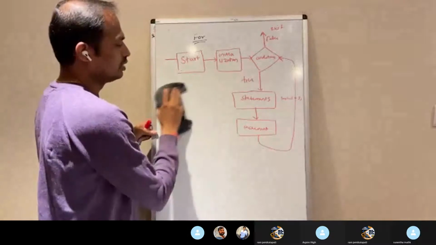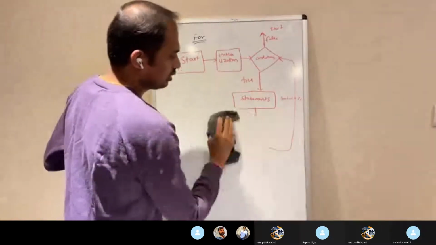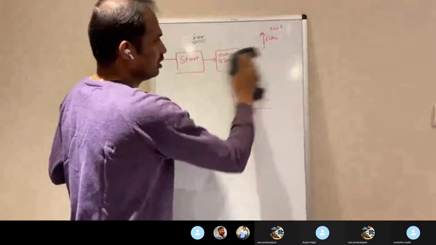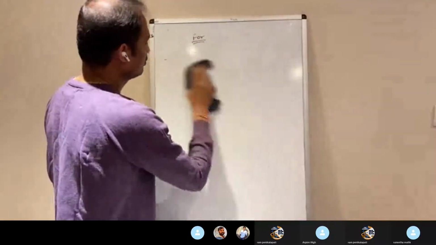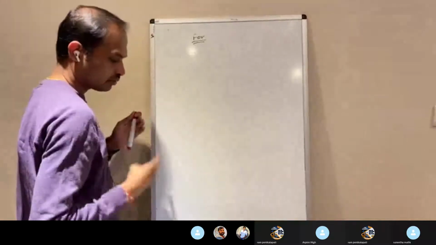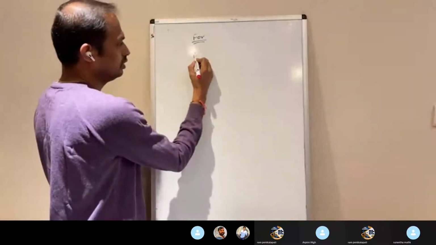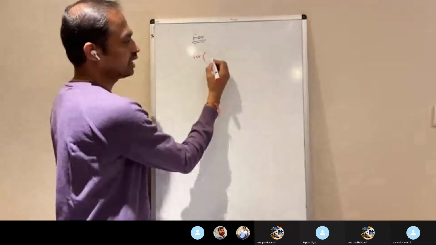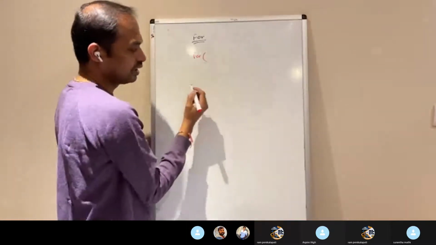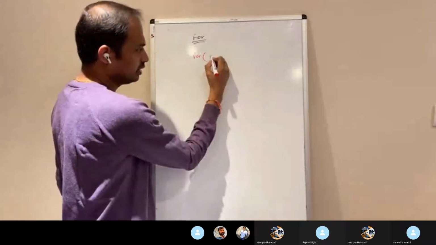Give the example. So this is the flowchart that I have shown. So what will be the syntax? For. What are the 3 conditions that we need to write? Initialization, right? Declaration or initialization, right?